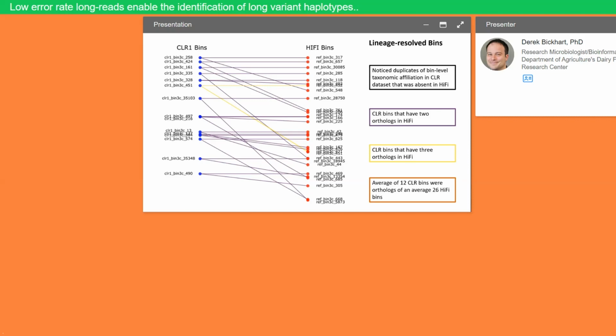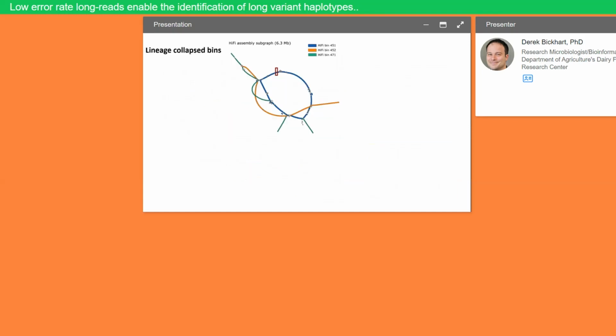But in particular, I'd like to point out one example that I think is very instrumental in understanding why this is occurring, and this is for our yellow edge for CLR bin 451. When we compare the assembly graph generated by Metaflye, it's quite clear why this lineage is poorly resolved in CLR.